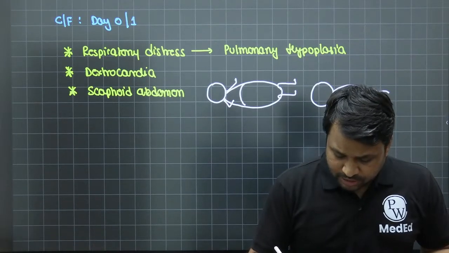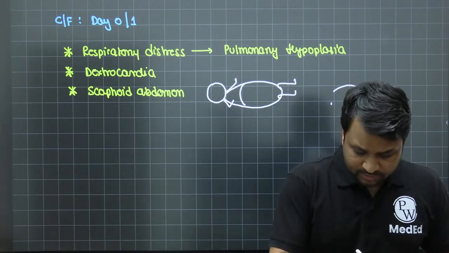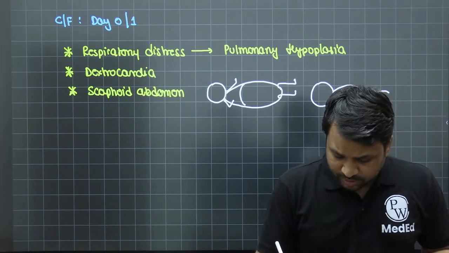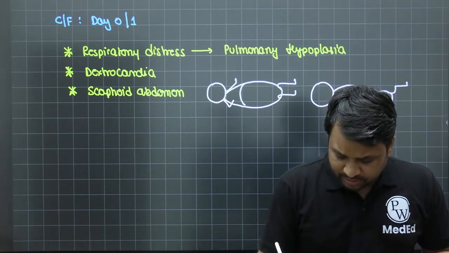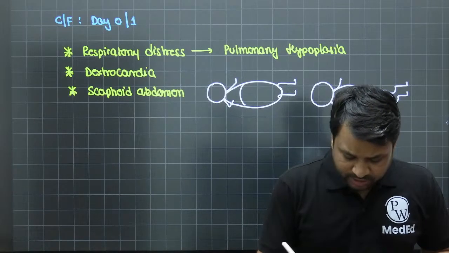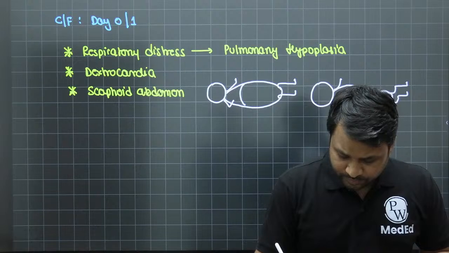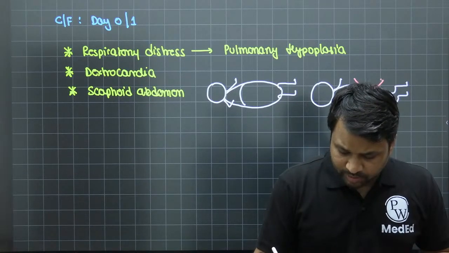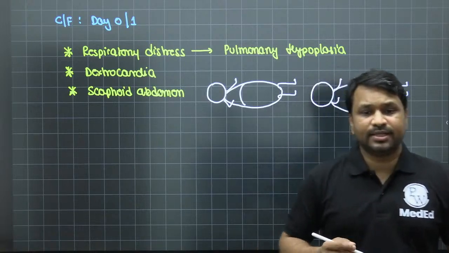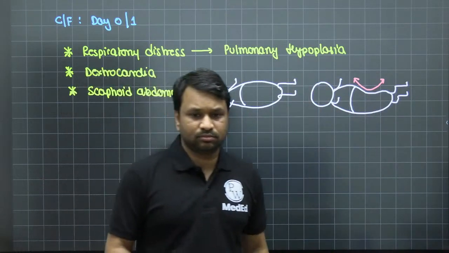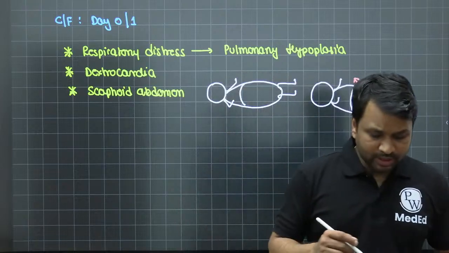Now that depression is because the stomach has invaginated into the thoracic space. Now, this boat-shaped abdomen is what we call the scaphoid abdomen.